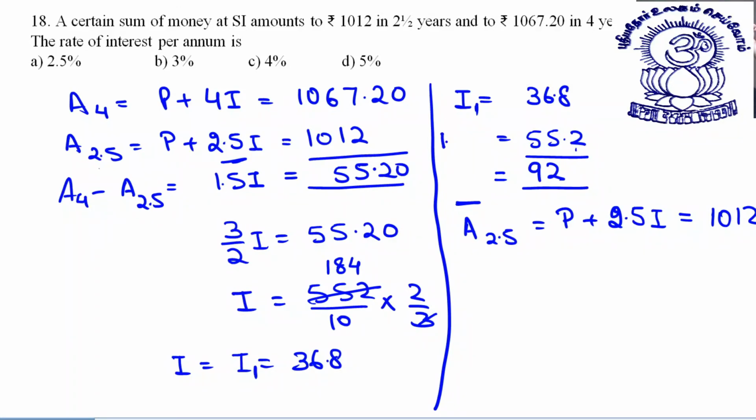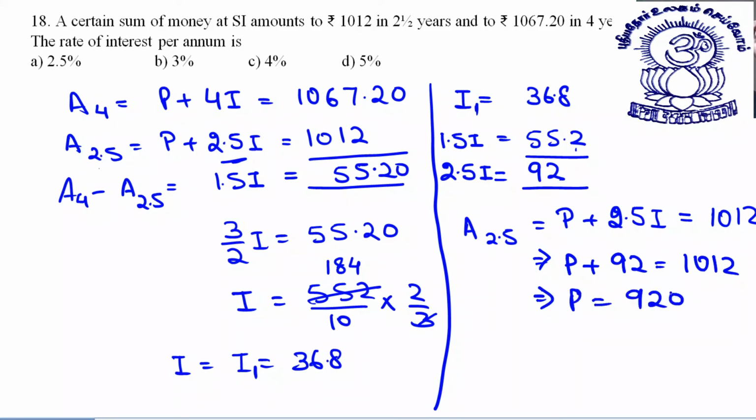We have 1.5i, if I add these up, 2.5i. Okay, so now we have the principal. We need to find it: 2.5i is 92, this gives me 1012, so the principal comes out to be 920. Interest is 92. See, it is 1/10 of the principal.